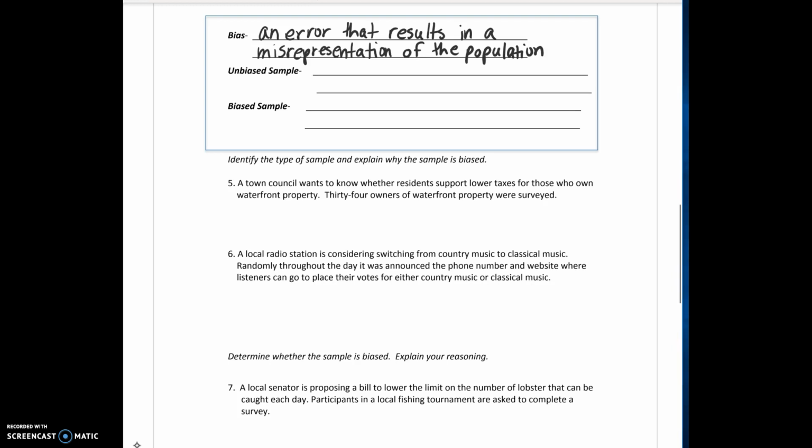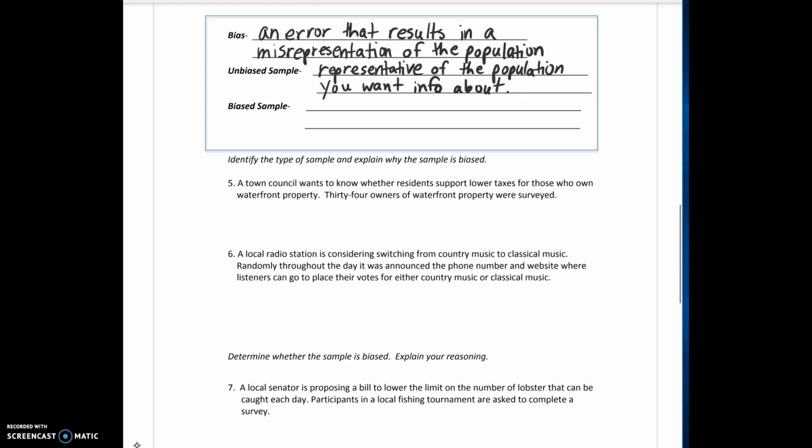So we have biased versus unbiased. An unbiased sample is representative of the population you want information about. Just going to shorten that a little bit for you with info.